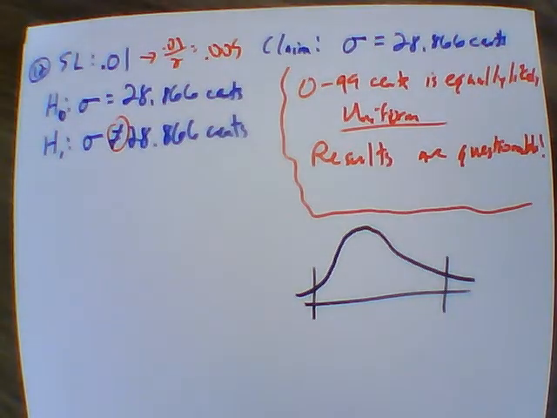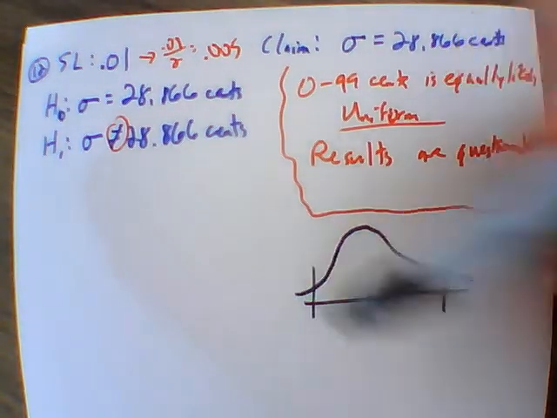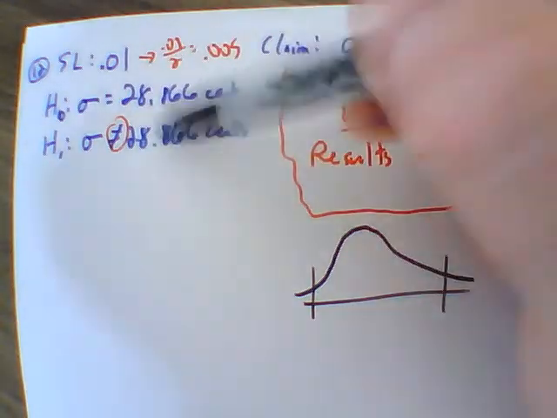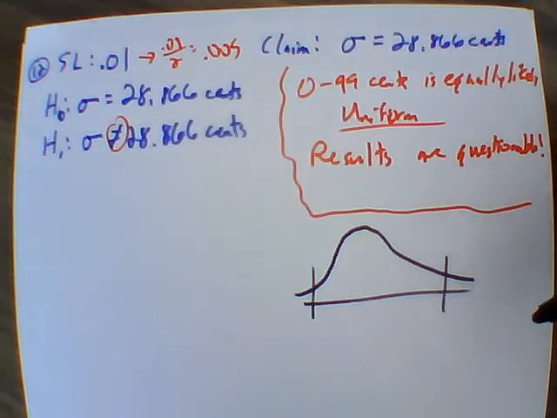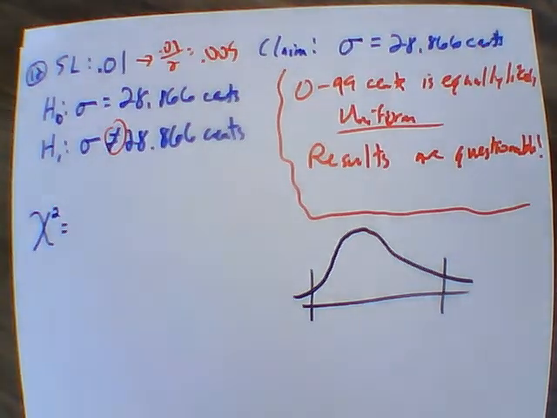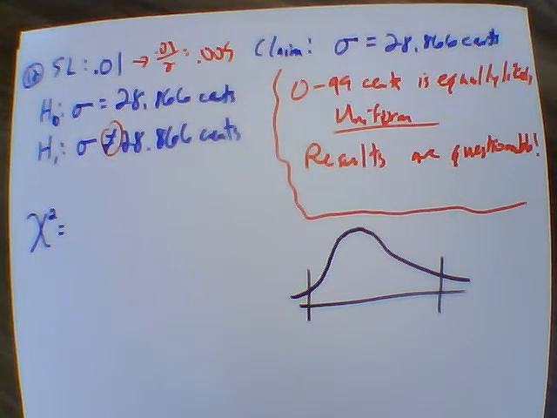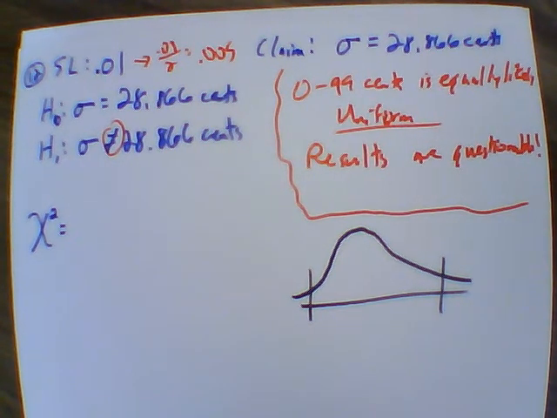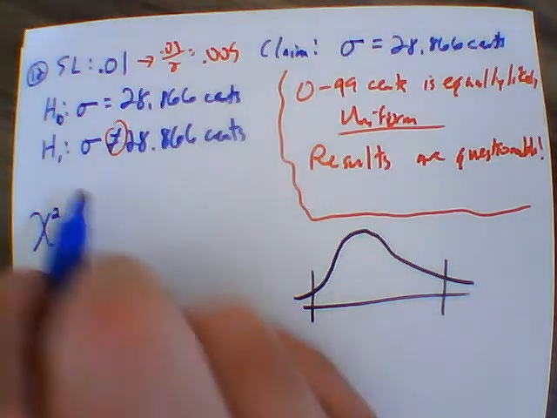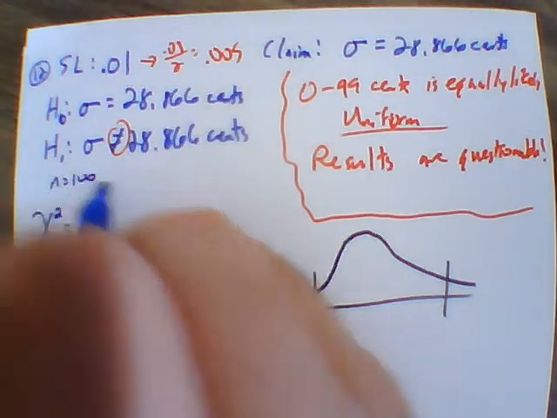So our test statistic could come from over here, or it could be over here. Once again, if the value we find is less than, or if that value we find is greater than. So what we do is we start performing our tests. We'll take our chi-squared to find our test statistic. Once again, we look at what was presented. We have 100 different outcomes, so n equals 100.